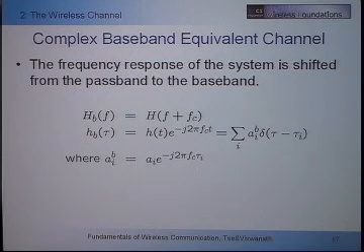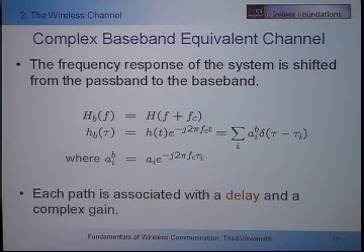And so the baseband gain, which I denote by a_i superscript b here, is given by two components. One is the amplitude a_i, and the other one is the phase rotation, or phase shift, proportional to fc times τ_i. So this is really just a complex phasor representation of a time domain signal. Okay? So that's the model that we're going to look at. The important thing to remember is that each path is associated with a delay and a complex gain.